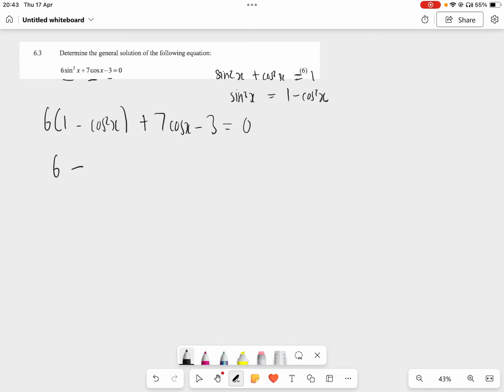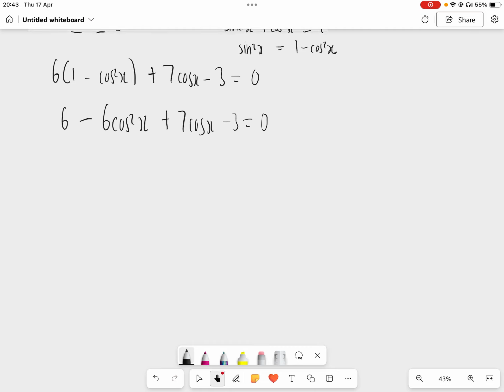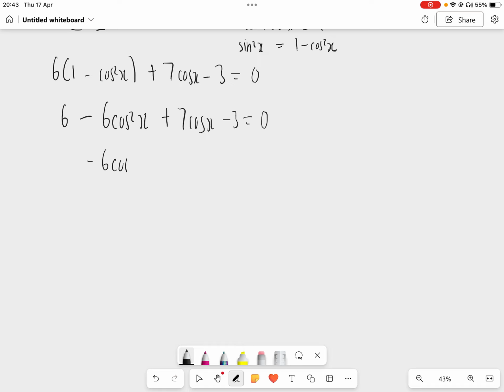So this is 6 minus 6 cos squared x plus 7 cos x minus 3 equals 0. So minus 6 cos squared x plus 7 cos x plus 3 equals 0.